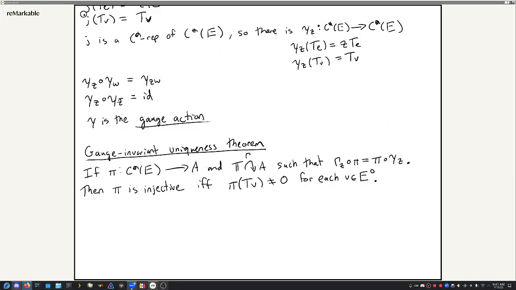So this gives you a way of checking whether representations of the graph C star algebra are faithful, and I think in general this is atypical of universal C star algebras to have such a much easier condition to check whether star homomorphisms are injective like this.